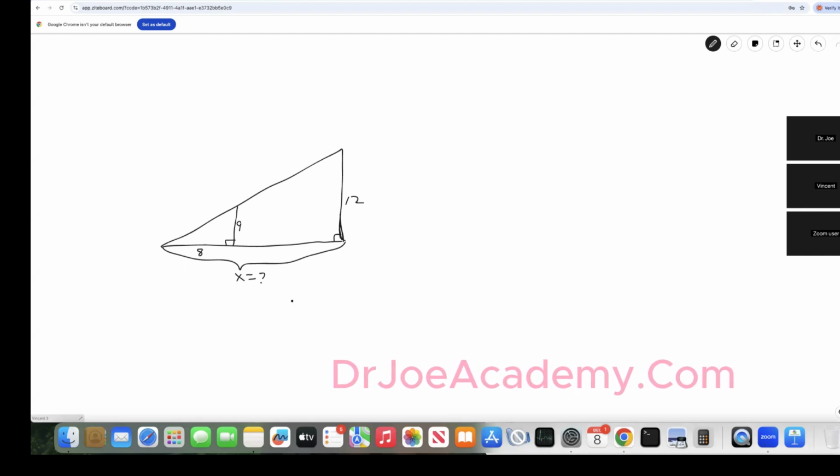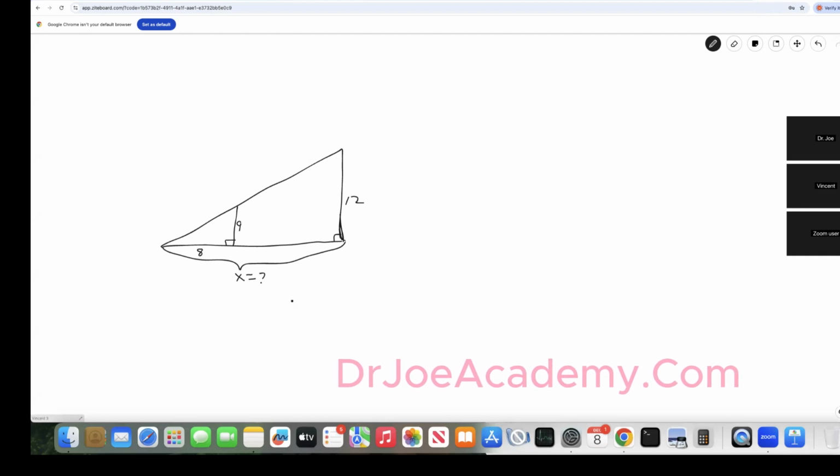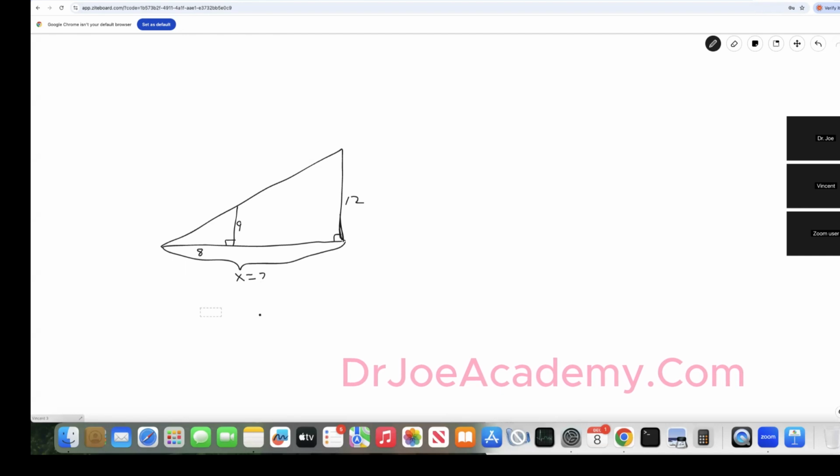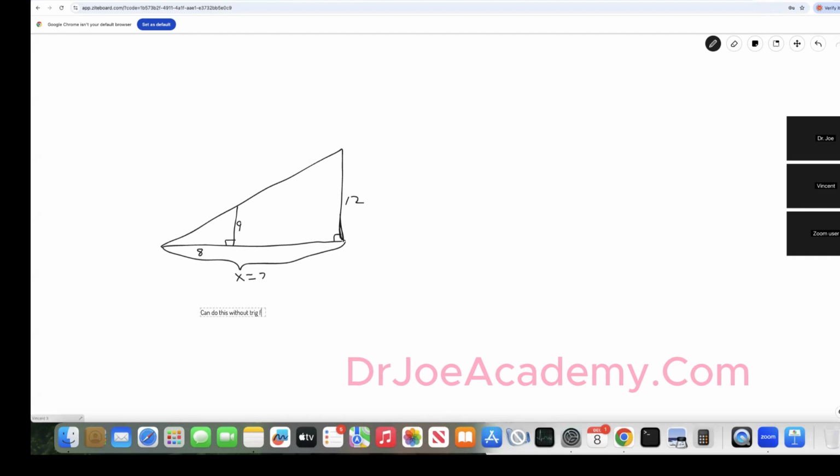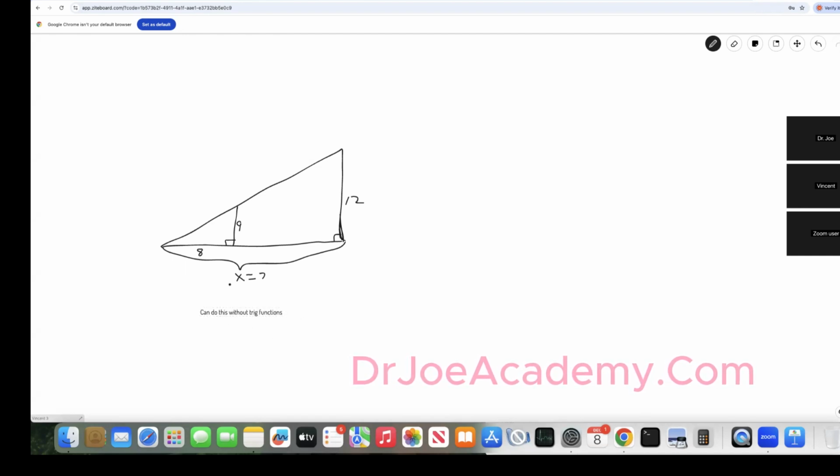And you can do this without any trig functions, without any trigonometric functions. Well, it is kind of hard to solve. Yeah, okay. And we can go over it, or I can show you how to do it.